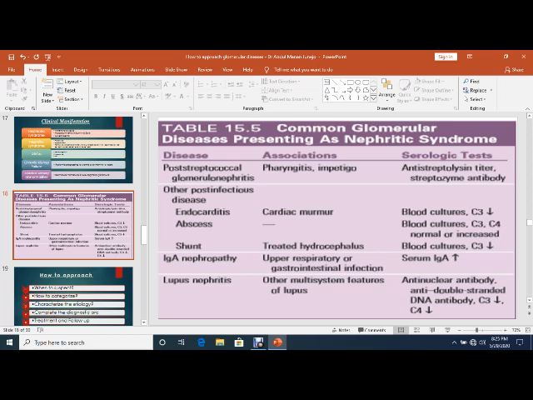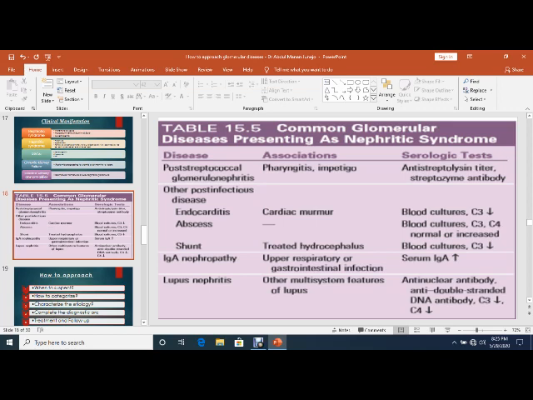There are certain diseases in children, such as post-streptococcal GN after pharyngitis, tonsillitis or skin infection. If you do the serological test, the ASO titer will be raised. Another post-infectious disease is endocarditis; if you auscultate the patient, a cardiac murmur will be present.